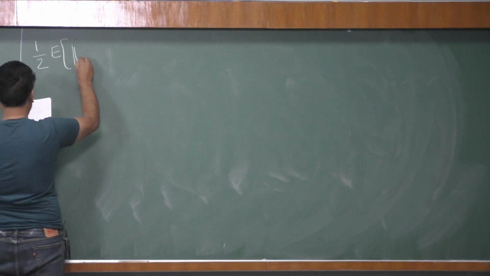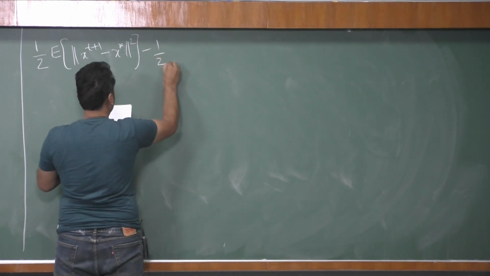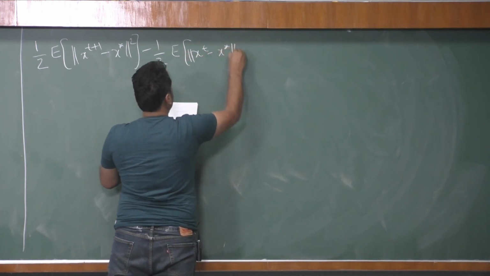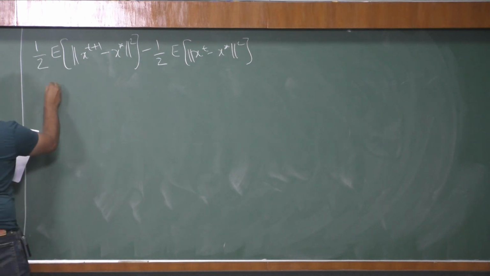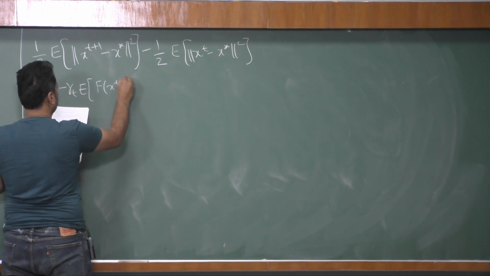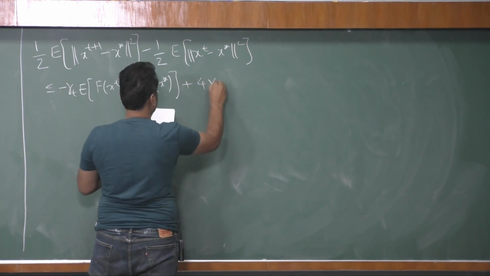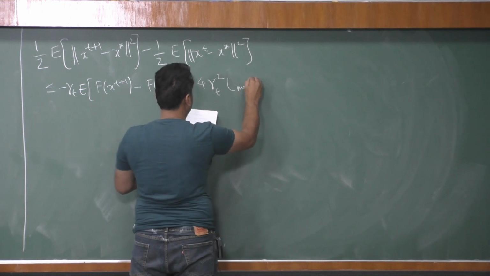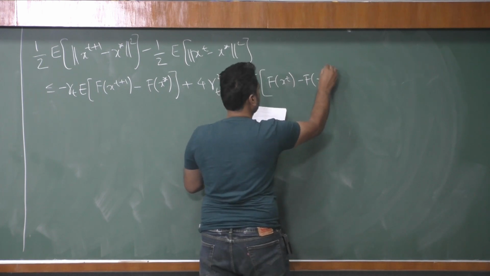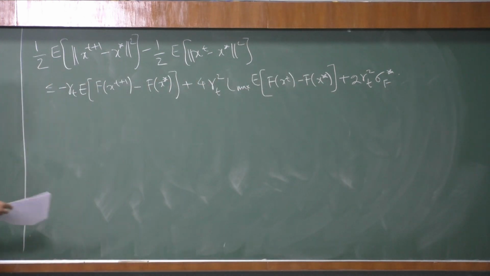So expectation of ||x_{t+1} - x*||^2 minus half expectation of ||x_t - x*||^2, and this we proved to be less than or equal to minus gamma_t expectation of F(x_{t+1}) minus F(x*), plus 4 gamma_t squared L_max expectation of F(x_t) minus F(x*), plus 2 gamma_t squared sigma_f star. So this is where we left last time.